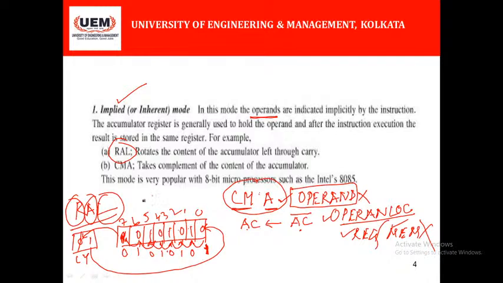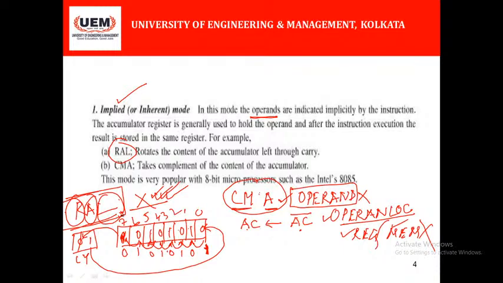So this is RAL. In the RAL instruction, we are not observing any operand field, and we are not observing any operand location such as register or memory. In the definition of the instruction there is no operand field or operand location field.